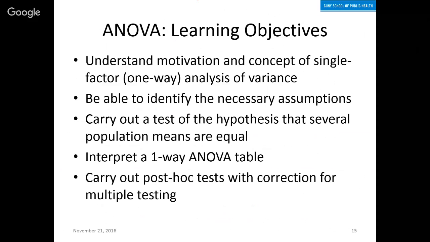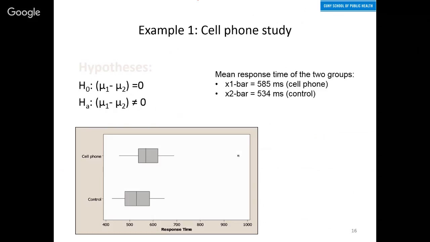We'll go over the assumptions behind that, do an actual hypothesis test, and I don't think we'll have time, but do some interpretation of the one-way ANOVA table output, and talk about post hoc tests to look at, if it's a multiple level categorical variable, what levels of that variable help explain the differences or the variability in your outcome.